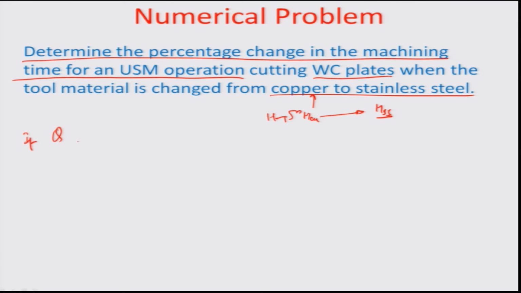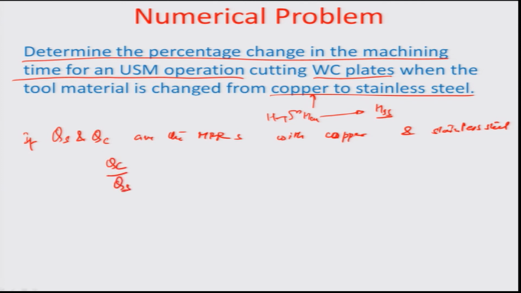So we already know that, if let us say QS and QC are the MRRs with copper and stainless steel, QC by QS can be represented as 1 plus lambda s divided by 1 plus lambda c, whole to the power of 3 by 4.